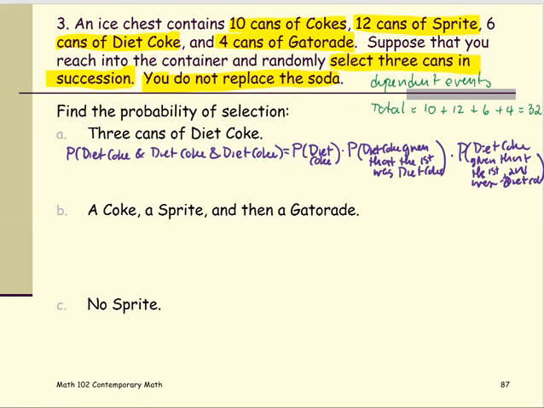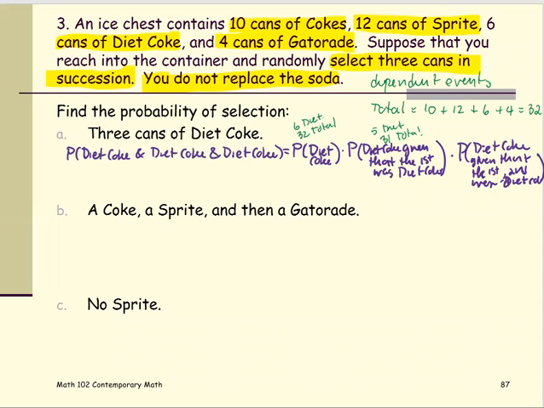So in this way, for the first one, there are 6 Diet Cokes. So we're going to put a note here: starting with 6 Diet Coke to begin with, and the total of 32. After one was selected, there are going to be 5 Diet Coke left, and 31 total sodas to be selected from.